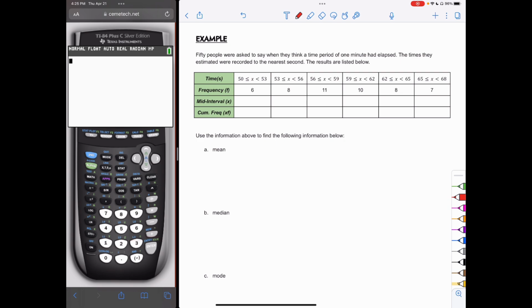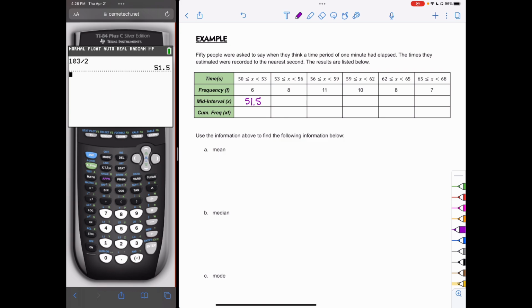All right, so the mid-interval value is basically like the midpoint. In order to find your mid-interval value, you add your upper and your lower bounds, and you divide by 2. Basically, you find the average, or the middle of the two values. So if I add 50 and 53, that's 103 divided by 2. That means that my mid-interval value is 51.5.